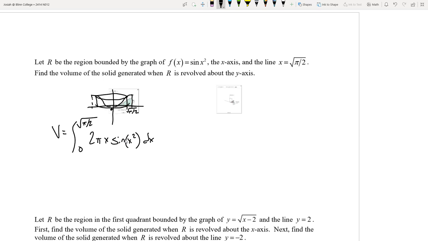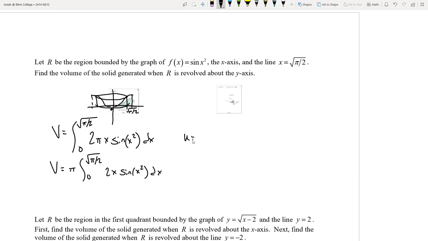Another thing we see here is that we have an x on the outside and x squared on the inside. This makes it possible to use u substitution because we have the derivative of this guy right here, 2x. So another thing the shell method gives us is another x to play with on the outside of our function. We'll move the pi outside and leave that 2x on the inside, because I'm going to use u substitution.